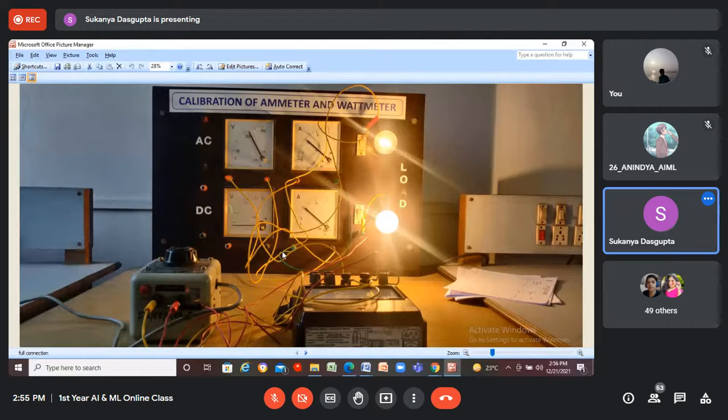Okay, and these are analog instruments. And analog instruments which are used in AC circuits are mainly called moving iron type instruments.